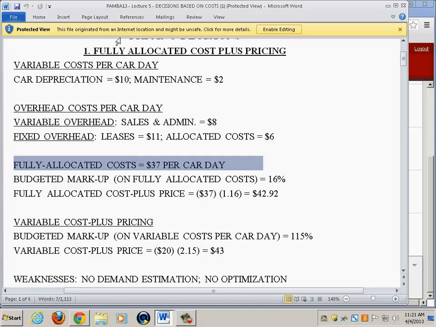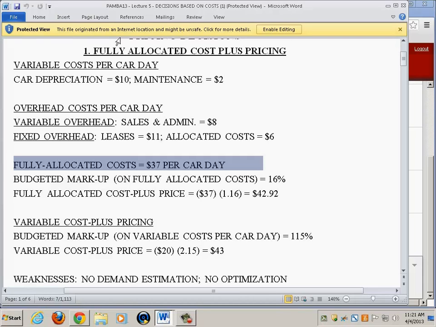Now the next thing we have to decide is what kind of markup or profit margin on costs we plan in terms of profits. And so we have to decide on what is desirable as a target but also feasible given market conditions. Now let's assume that we decide that this is 16% in this case.